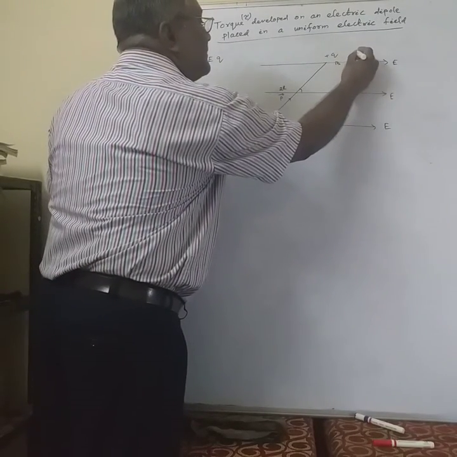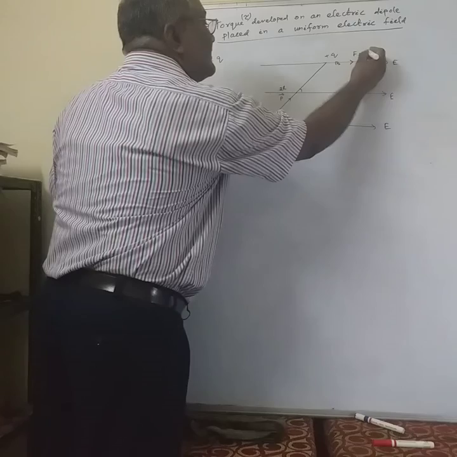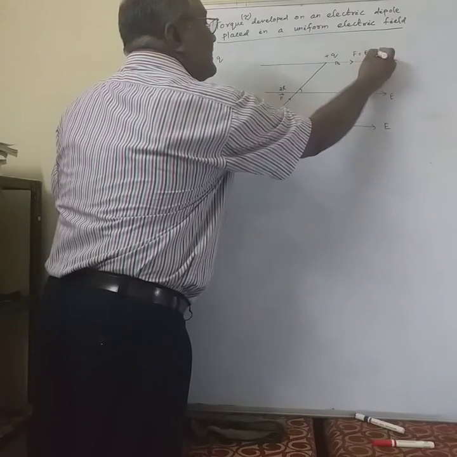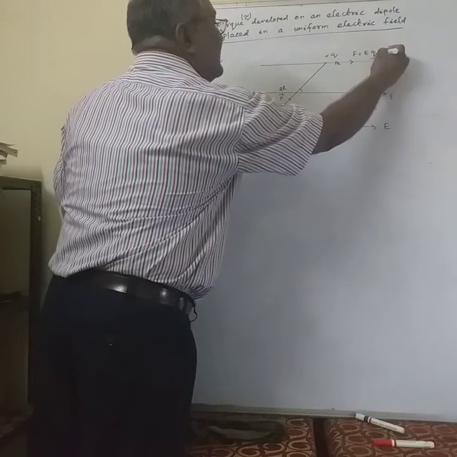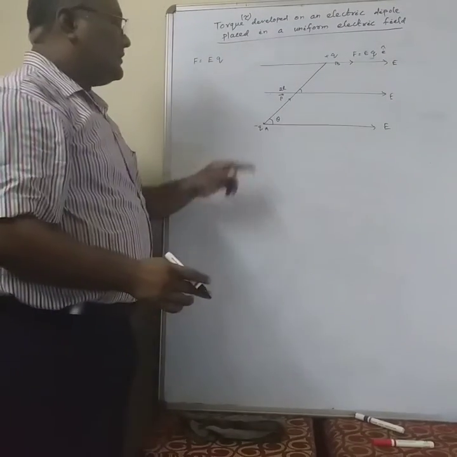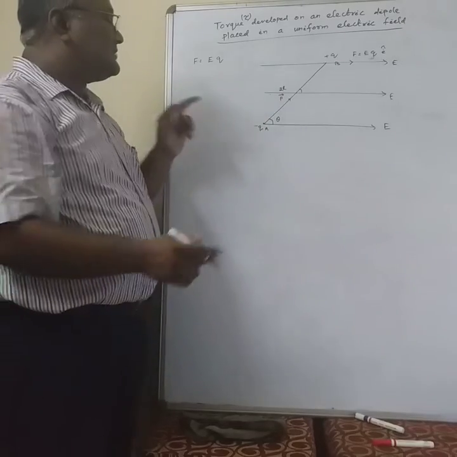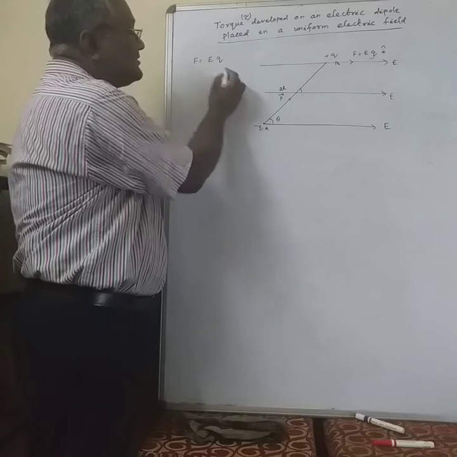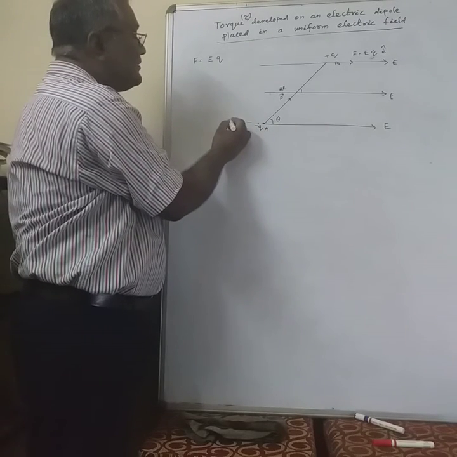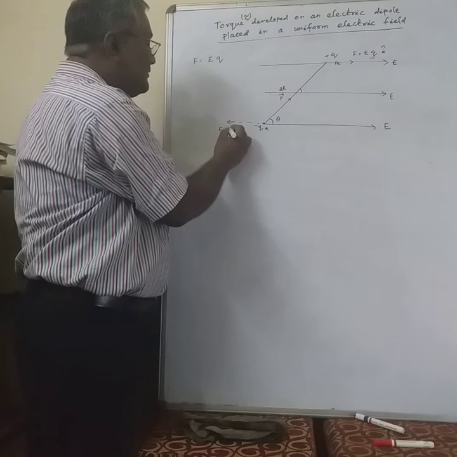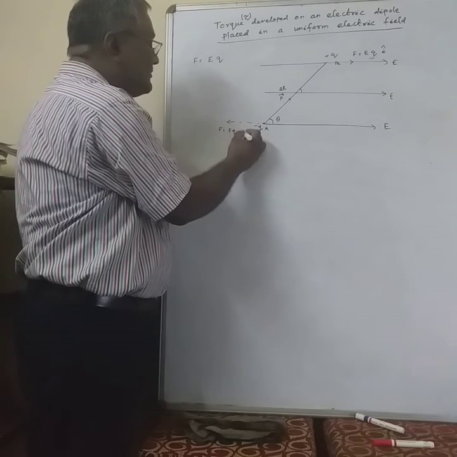Here the force magnitude is EQ along i cap. Here another force will be experienced. The field direction is i cap but the charge is minus Q, so the force direction will be along minus i cap. The magnitude of force will be EQ and the direction is minus i cap.